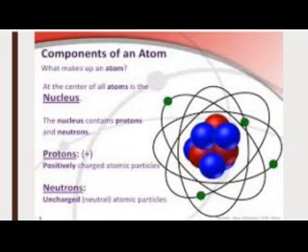Next, in the surrounding, the green colored element is called an electron. Electron has a negative charge. So an atom has three components: electron, proton and neutron. Proton has positive charge, electron has negative charge, neutron has no charge.